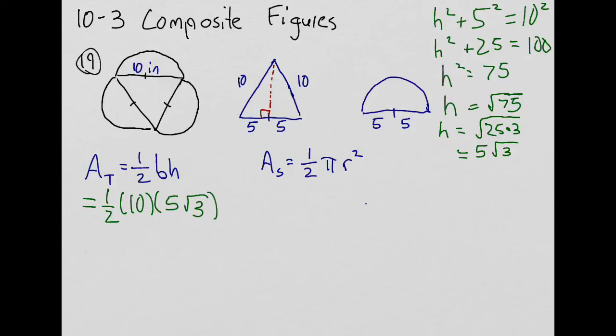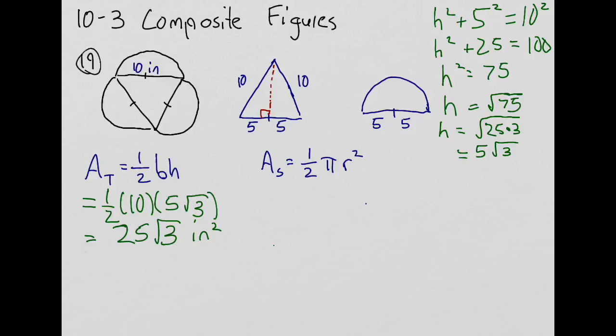You work that out: half of 10 is 5, and 5 times 5 is 25. So 25 square root of 3 square inches in this case. That's the triangle in the middle.